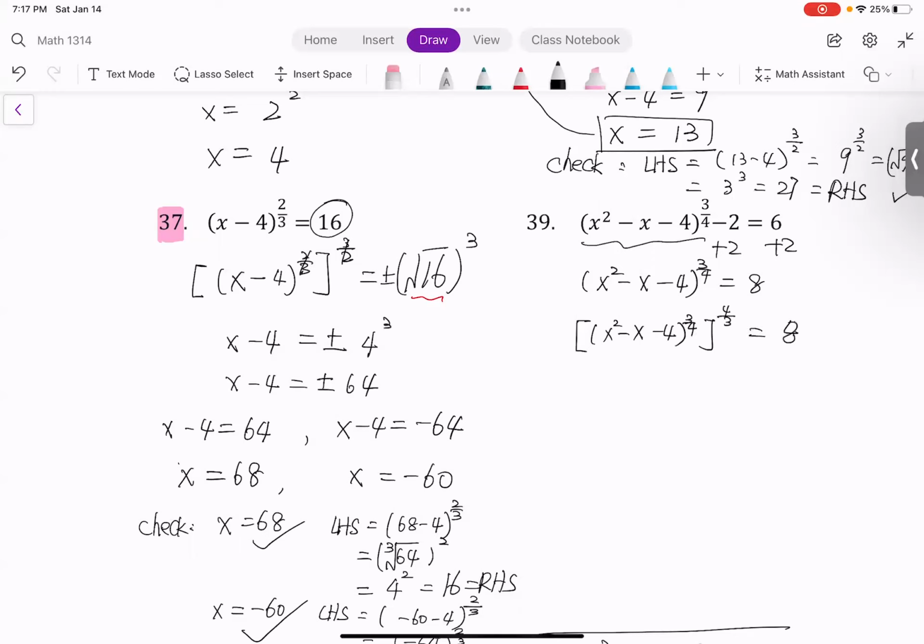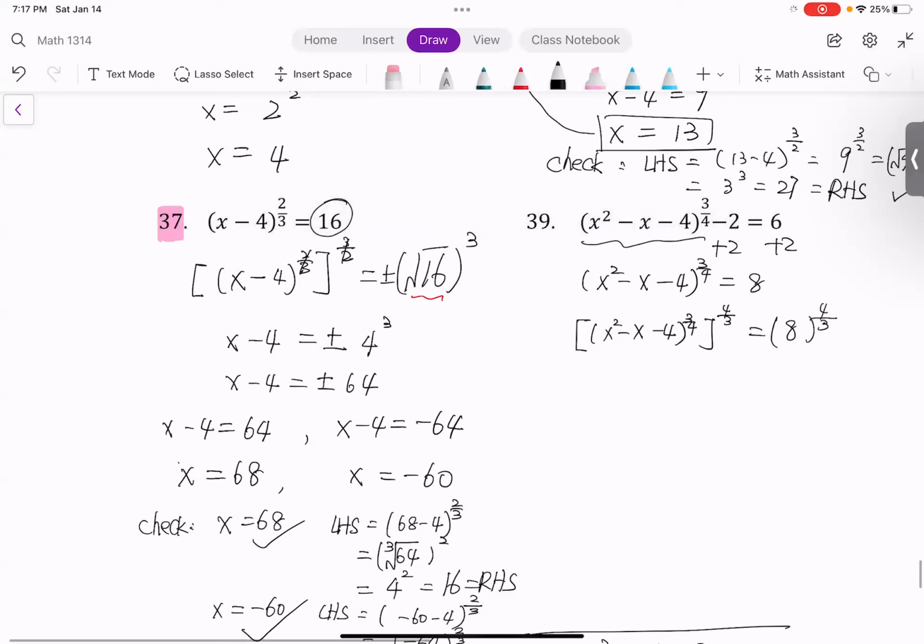So the 8 also needs to be raised to 4/3. So this part is 1. We have x squared minus x minus 4 equals the cube root of 8 and then raised to the 4th power. Cube root of 8, that's cube root of 2 cubed, that's 2 to the 4th. So this is 16. X squared minus x minus 4 equals 16.